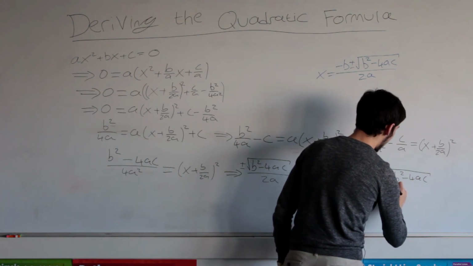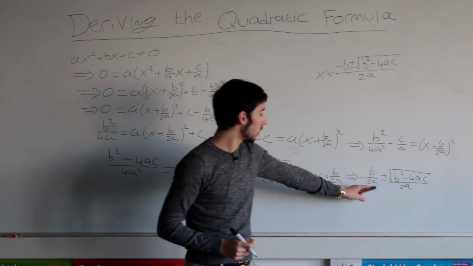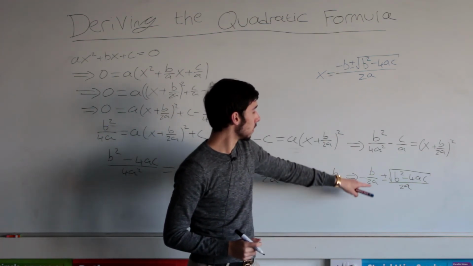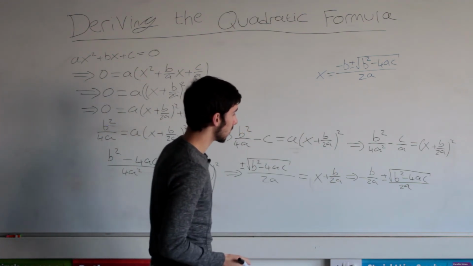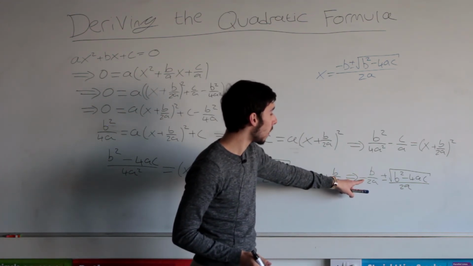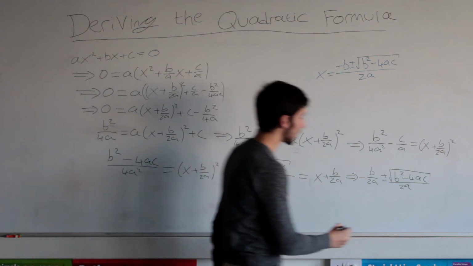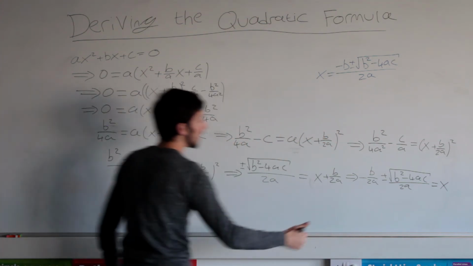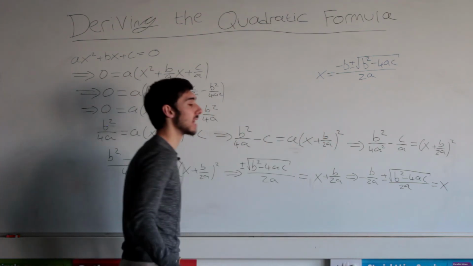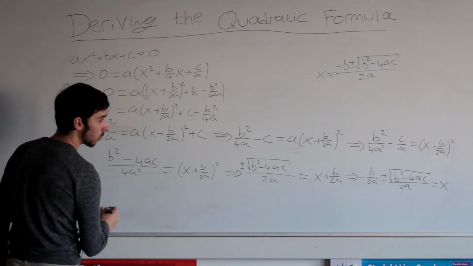That means 4 times a times c, over 2a. The reason I've written it on this side is because you can see the minus b is on the left-hand side anyway. So this is still valid because this is a takeaway, and that's equal to x. Good, we've got x on its own. These have the same denominator, so we can add them or subtract them, depending on what you call it.